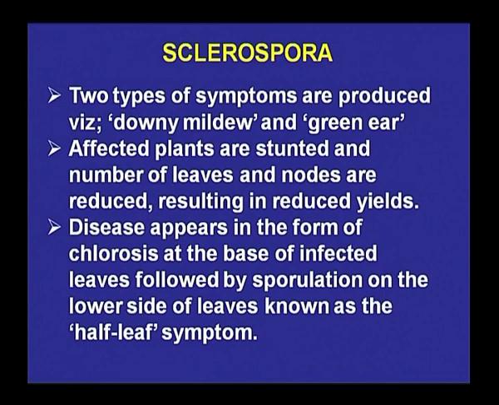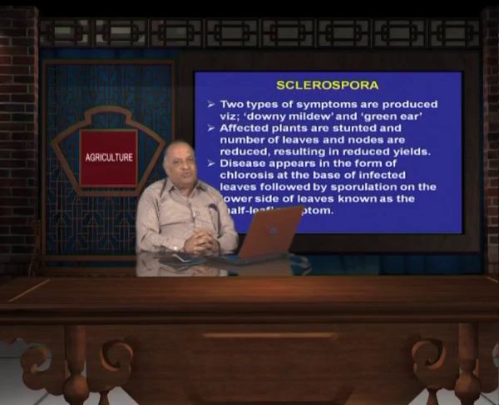When we grow the plants in the field, when we sow the seeds, after 2 or 3 days we see that plants are showing the signs of chlorosis or yellowing. This shows that Sclerospora graminicola, the causal fungus of downy mildew, has attacked the plant in the field.